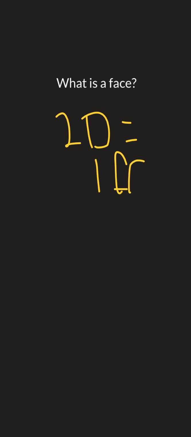Three-dimensional shapes have more than one face. So two-dimensional shapes, 2D shapes, always just have one face, because a face is a two-dimensional shape. Three-dimensional shapes, 3D shapes, have more than one face.